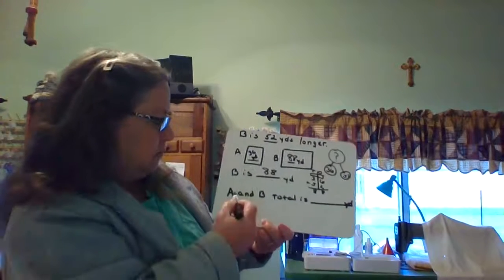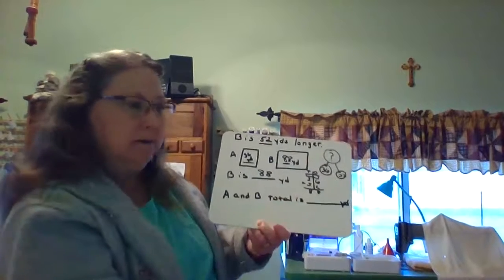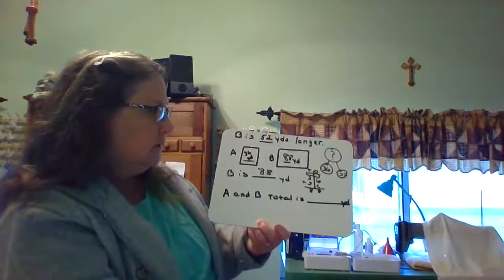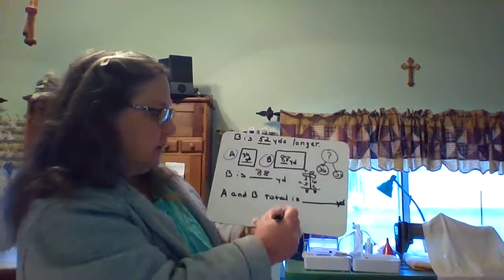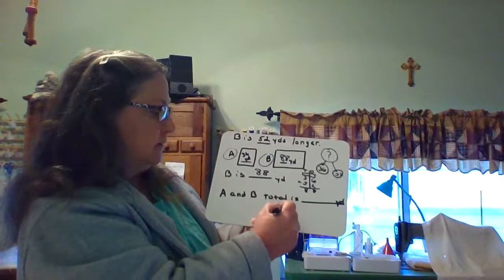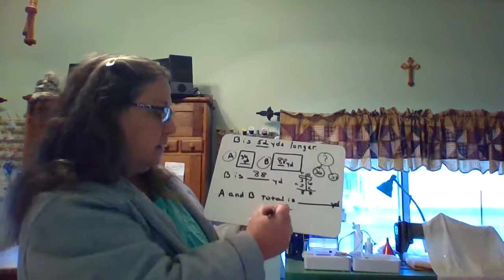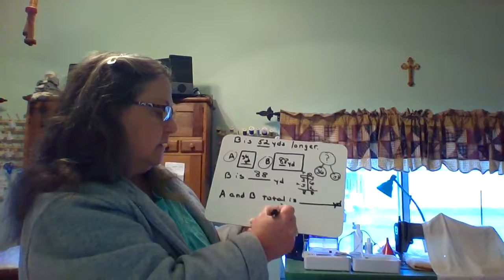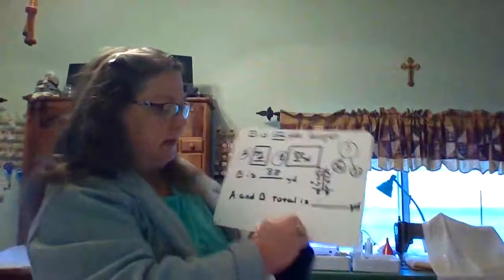Okay? Well, A and B total is blank. Well, now they want to know what the total is. What is the total of A plus B? So I can make another T. Okay? And I could put in 88. Oh, you know what? I did a mistake that we learned when we was adding.